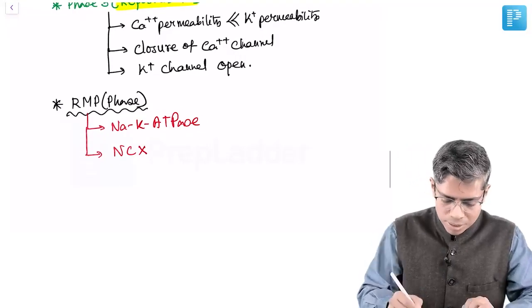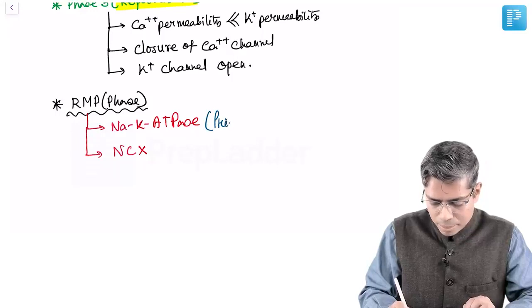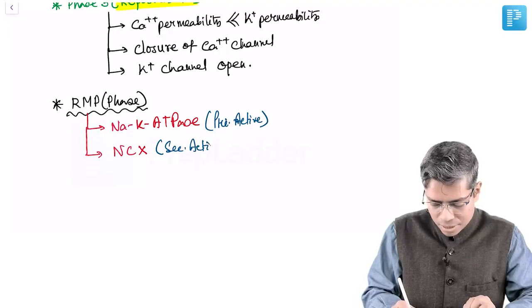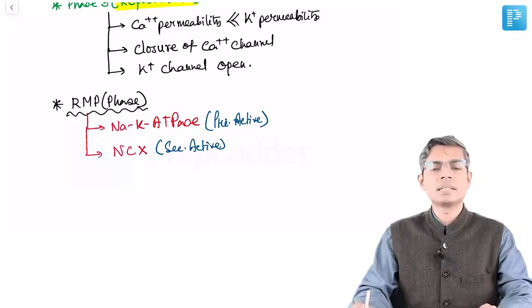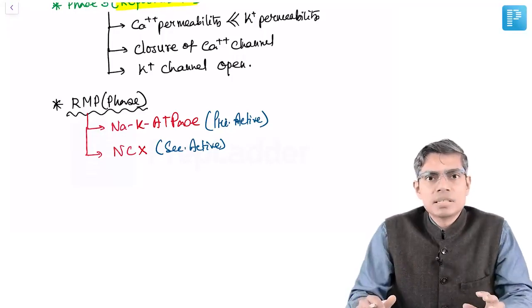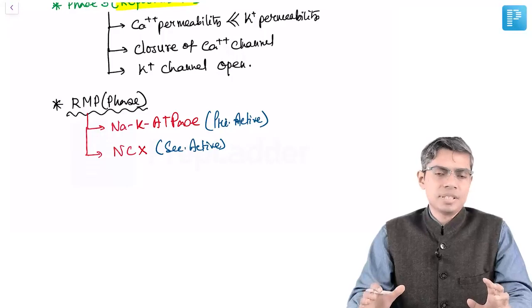I told you repeatedly that this is my primary active transporter and this one is the secondary active transporter. This is an antiporter, the secondary active transporter. So this is about the ionic basis of action potential in case of myocardium cell.